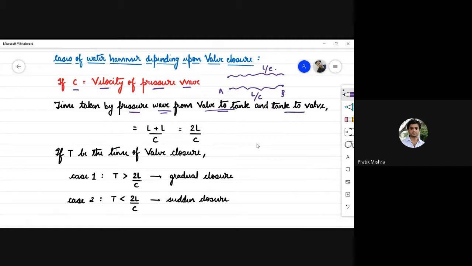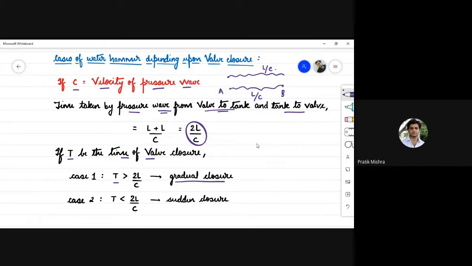Second, depending upon this time of 2L by C, we are going to classify कि valve किस तरीके से close हुआ है. Okay. So if T is the time of closure of the valve, and if T is more than this time, 2L by C, then we say that the closure of valve is classified as gradual closure.